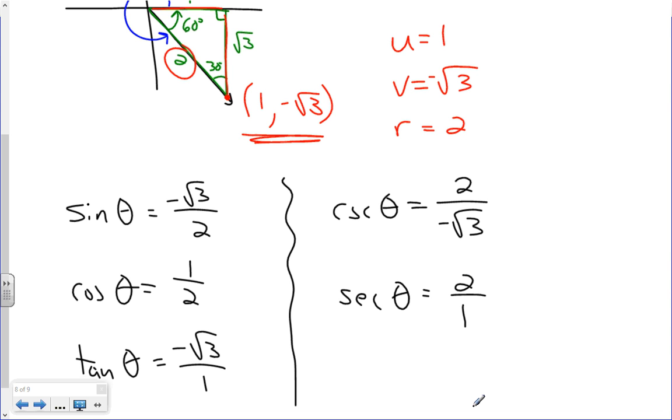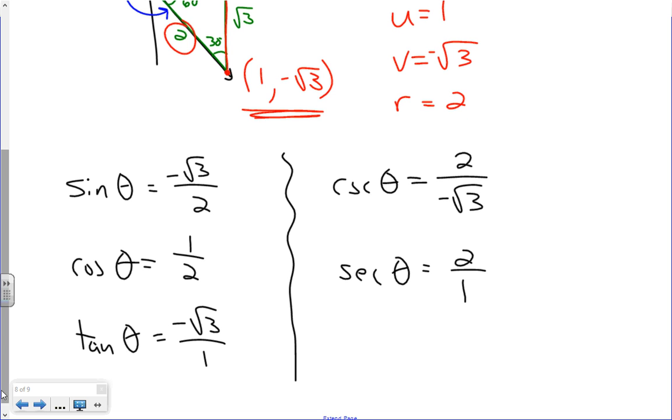Again, if you want to simplify that after you write it down, that's fine, but I'd like to see it written in that quotient form first. And then finally, the reciprocal of tangent is the cotangent of theta. Flip that over, you end up with 1 over the negative square root of 3. There's our 6 trig functions evaluated at 300 degrees. And those are the exact values. That's what we're looking for.